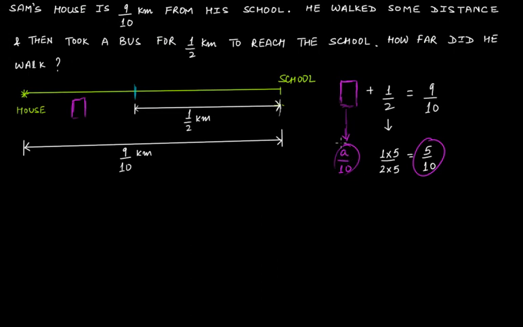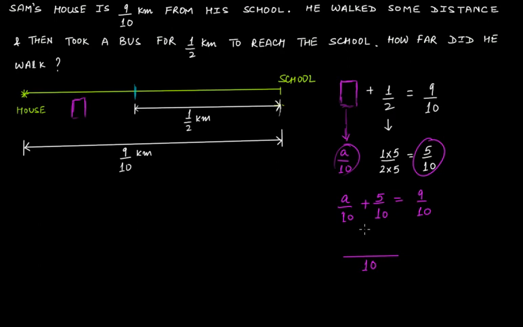So if this is a over 10, plus we have converted this as 5 over 10, this will be 9 over 10.